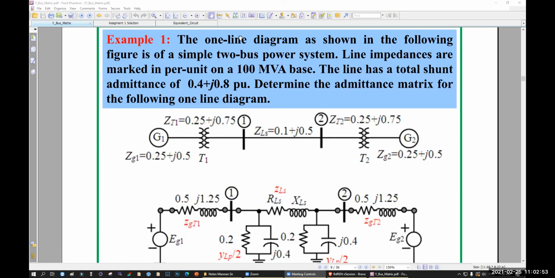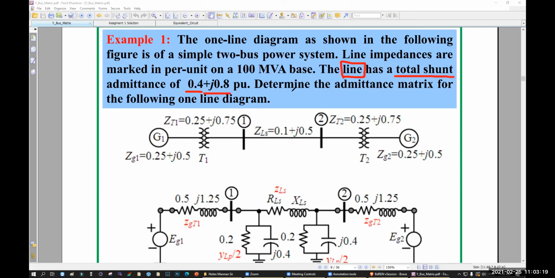The one-line diagram of a simple two-bus power system is shown in the following figure. Line impedances are marked in per unit on a 100 MVA base. The line has a total shunt admittance of 0.4 plus j0.8 per unit.